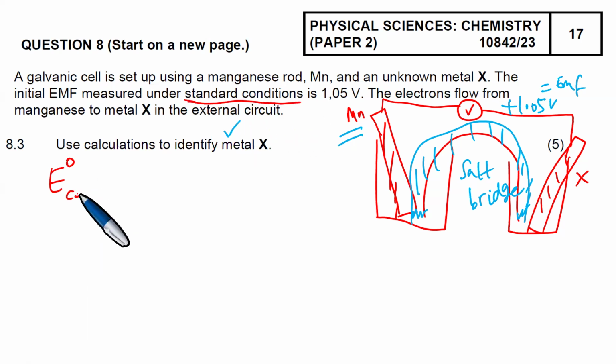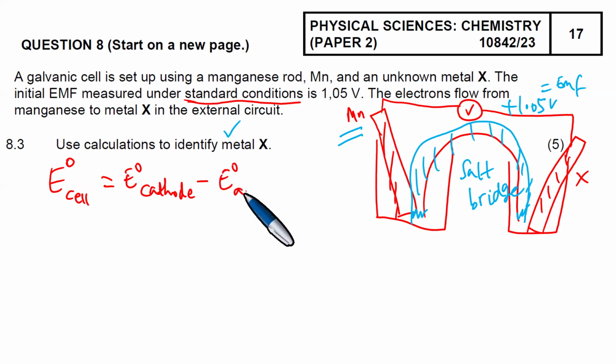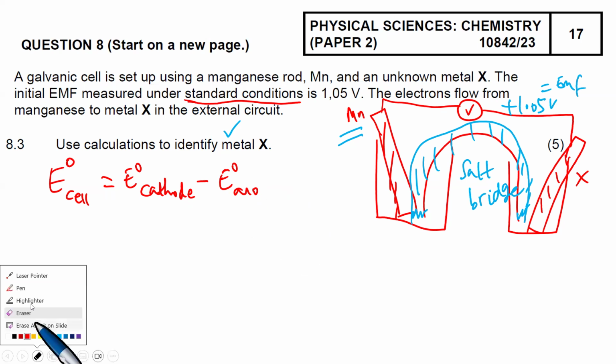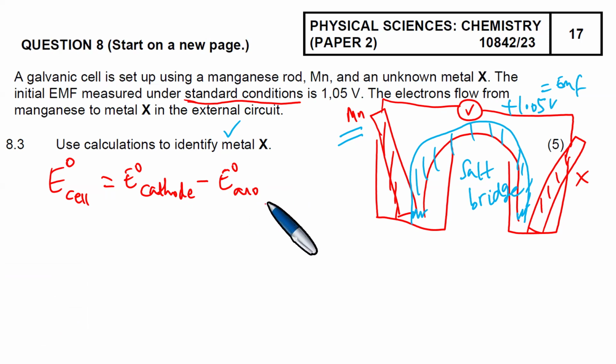So E naught cell is E naught cathode minus E naught anode.